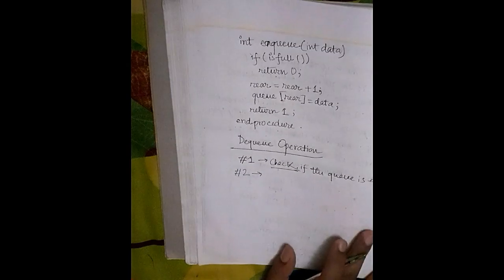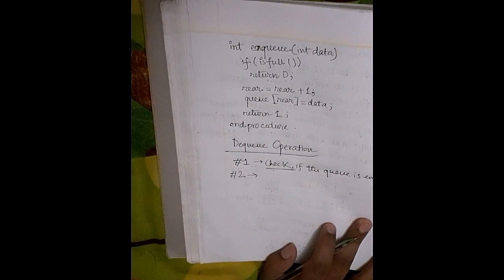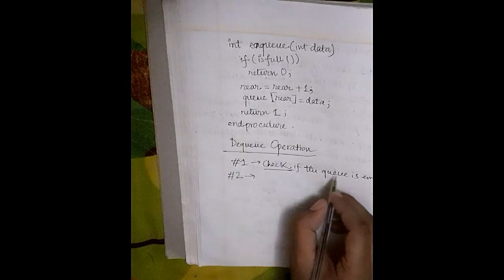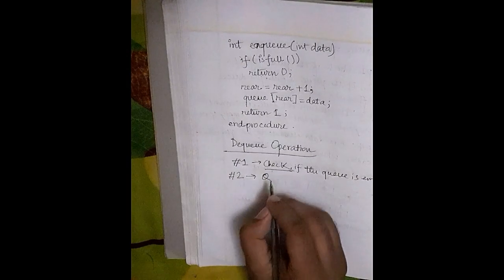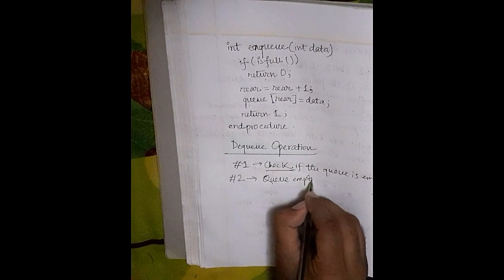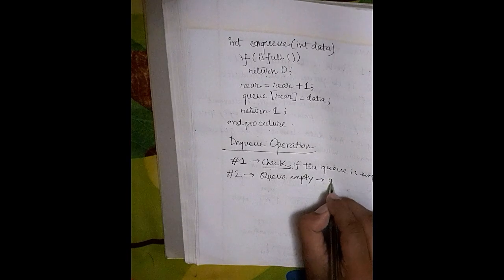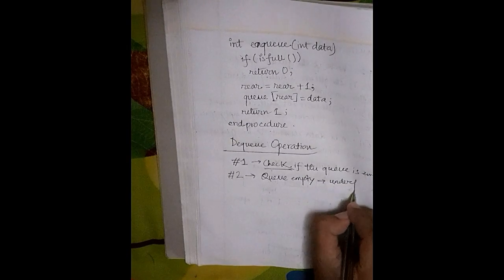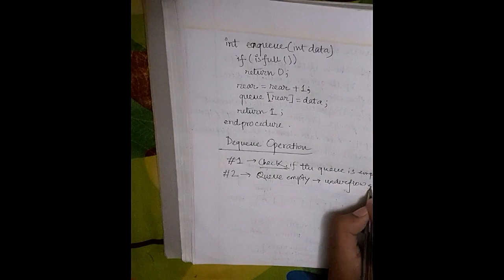Step number 2: if the queue is empty, produce underflow error and exit. Right, if it is empty, let me write that down. If queue is empty, then produce underflow error and exit.